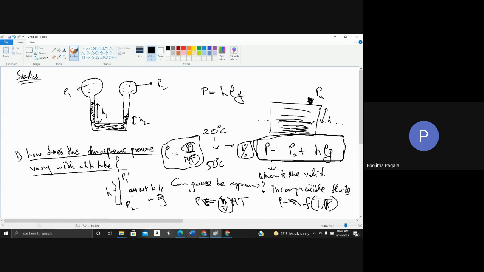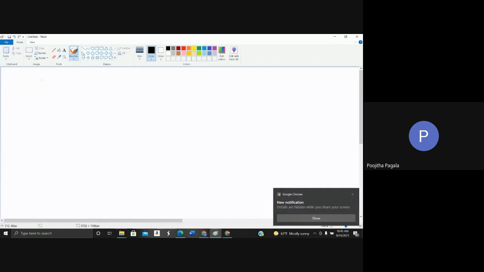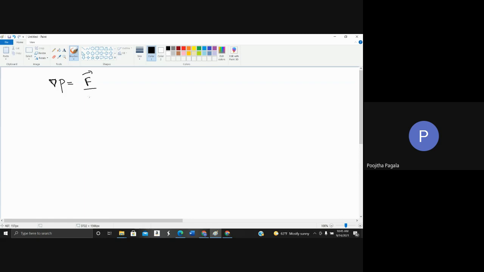Okay, and then we have one more important relation, which is the generalized equation for fluid statics. This is the generalized equation for fluid statics, which says the gradient of pressure is equal to force per unit volume.